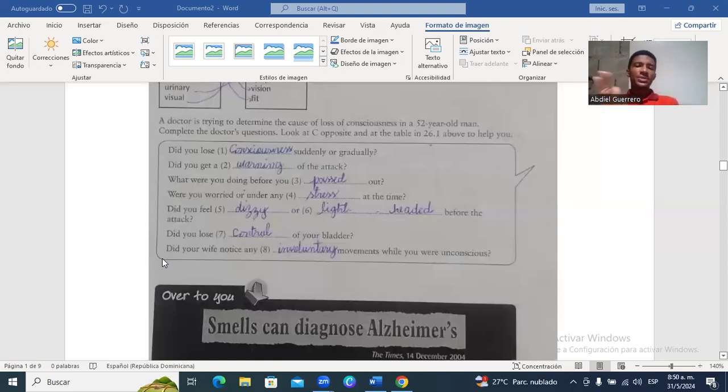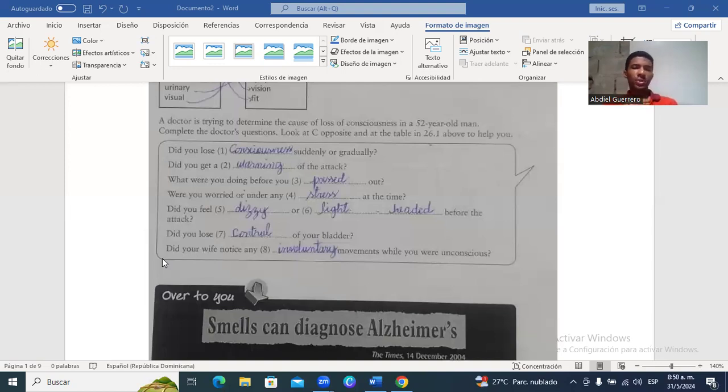A doctor is trying to determine the cause of loss of consciousness in a 52-year-old man. Complete the doctor's questions. Look at C opposite and at the table in 26.1 above to help you. Did you lose consciousness suddenly or gradually? Did you get a warning of the attack?